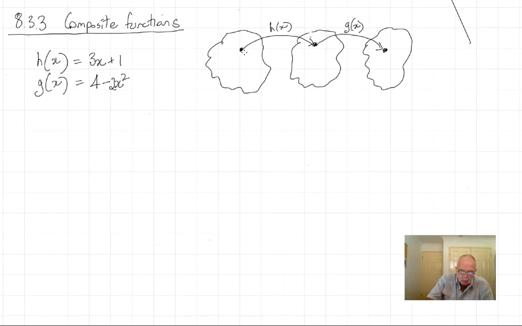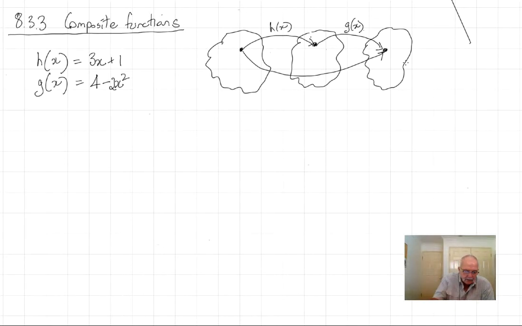Is there one single function that will take that point and end up at that point, and that will work for any point I want to choose for x? So even though I'm shown it here only for one point, can I come up with one function that will take any point here to what will happen if I do it in two individual steps? And that's what a composite function is.